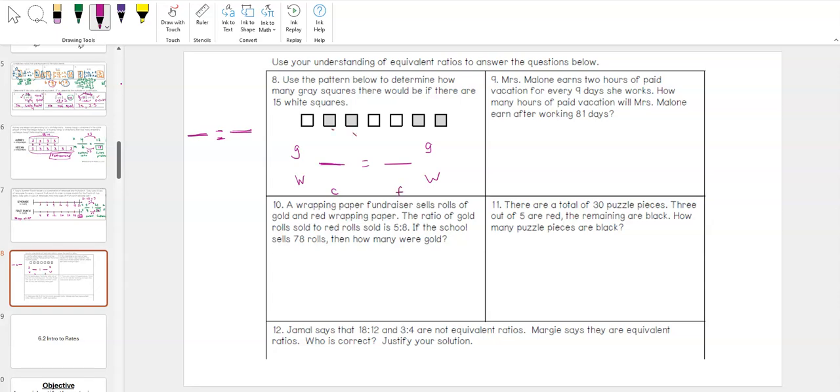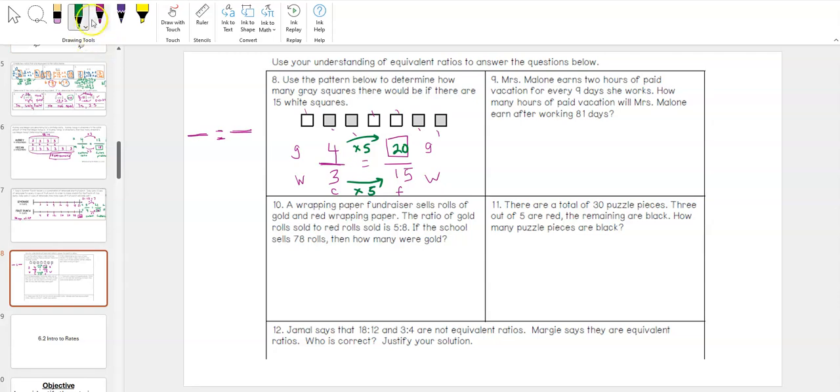Currently, there are 1, 2, 3, 4 gray squares, and 1, 2, 3 white squares. In the future, there are going to be 15 white squares. How many gray squares will there be? 3 times 5 is 15. 4 times 5 will get me my answer, which is 20 gray squares.